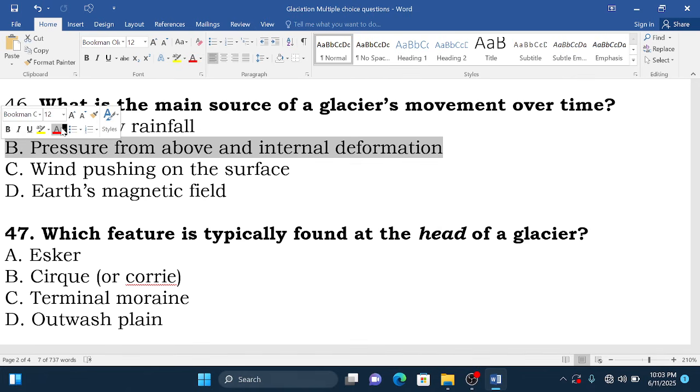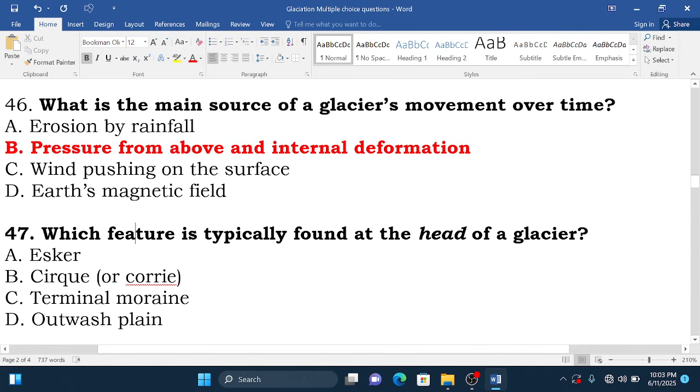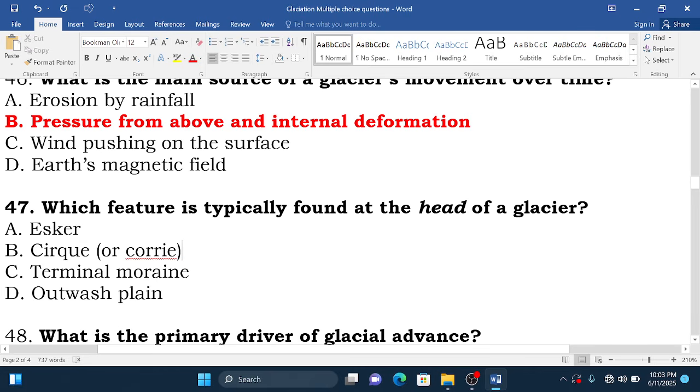We reach question number 47. Which feature is typically found at the head of a glacier? A, esker.